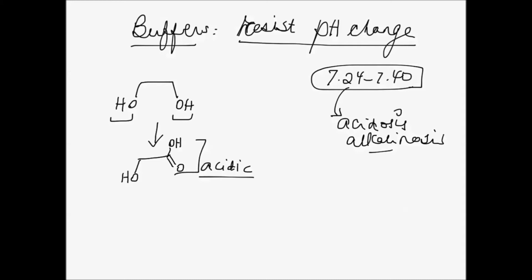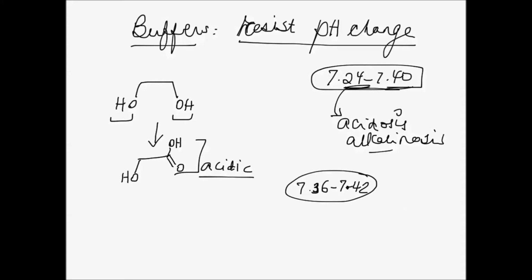So depending on the amount of the glycolic acid that you have, realize that blood itself is under a very tight range. While physiologically most of our cells are between 7.24 to 7.40, blood is between 7.36 to 7.42. So it's tighter.